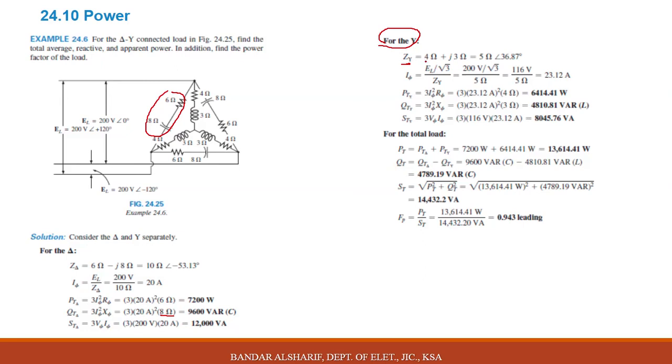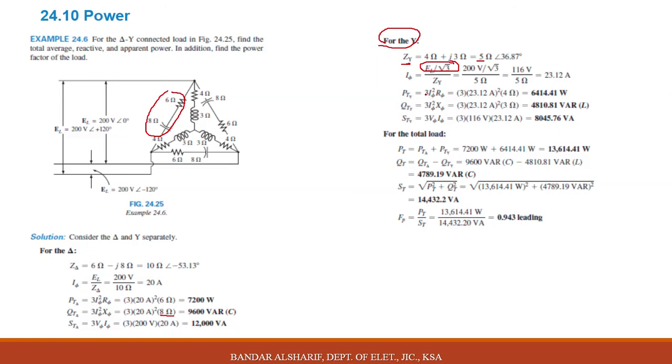Here the line voltage does not equal the phase voltage, and we said in our calculation the I phase must be computed using V phase, which is E line divided by root 3. This value will be the phase voltage, divided by Z Y, whose magnitude is 5. 200 divided by root 3 divided by 5, you will get 23.1.